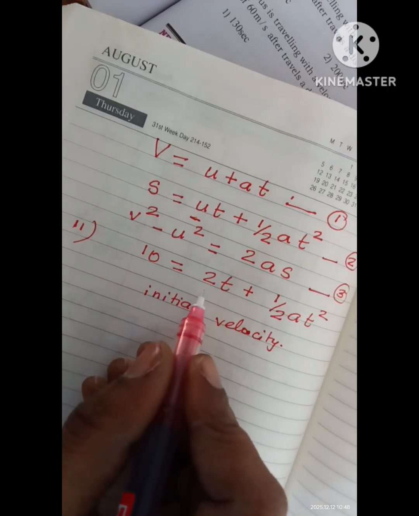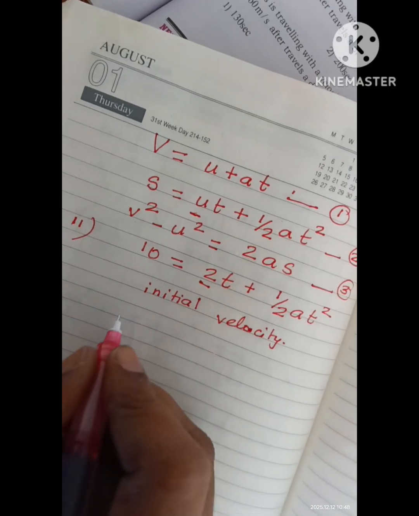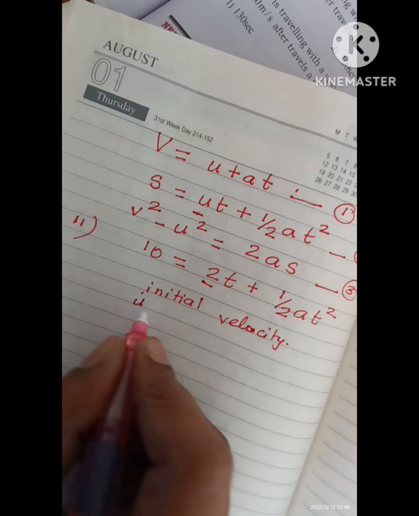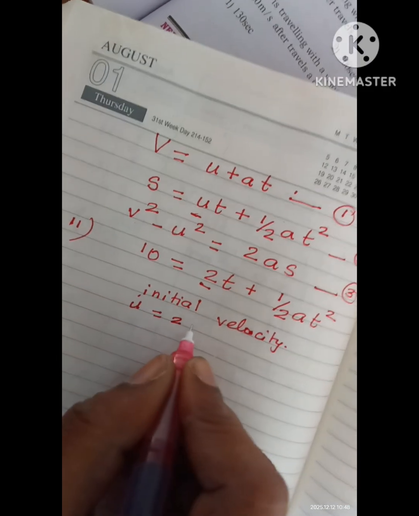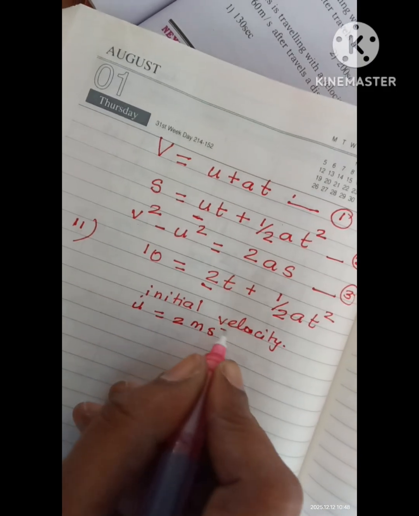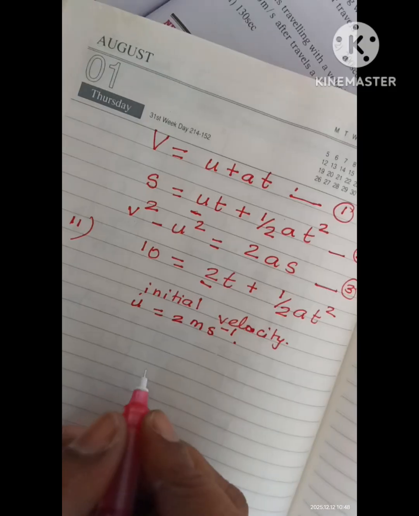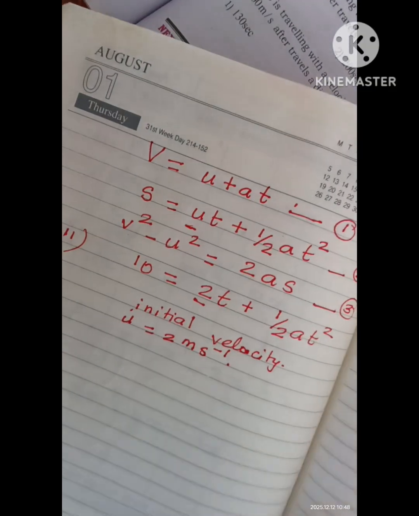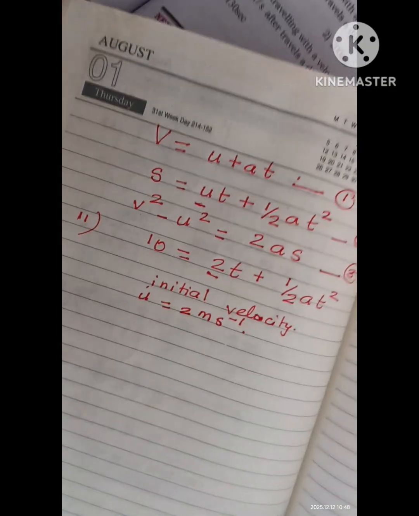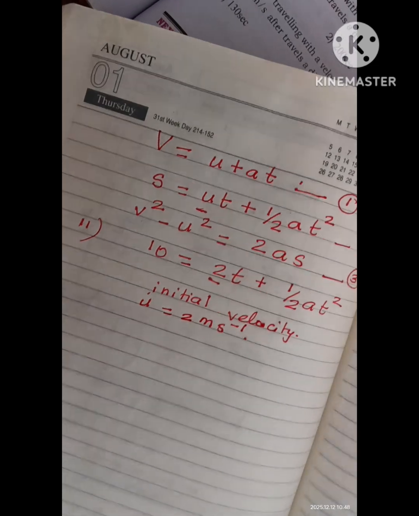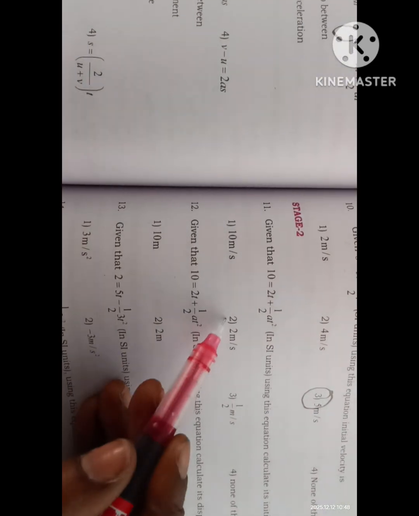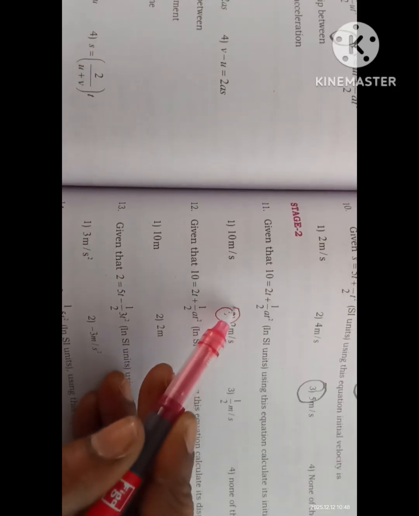So here u is 2. So the initial velocity, that is u, is equal to 2 meter per second. Is there any option 2 in the 11th question? Good. Option 2. So for question number 11, option 2 is the correct answer.